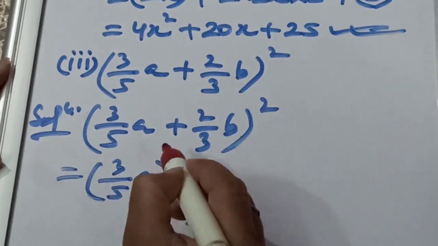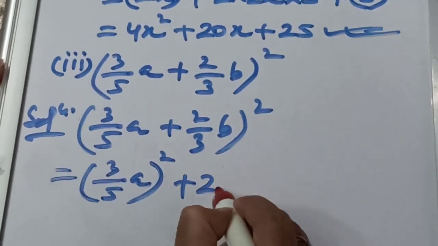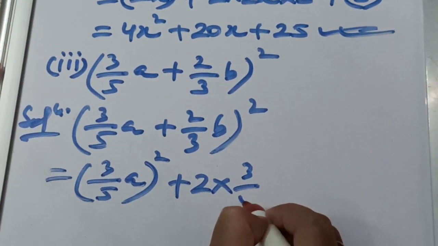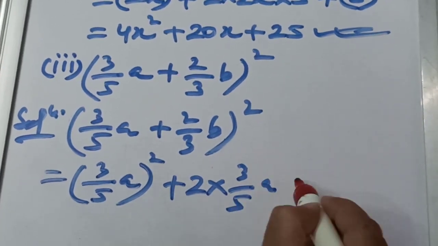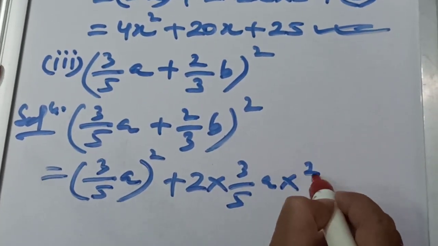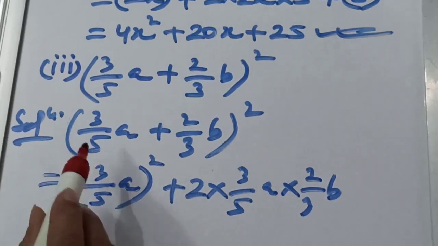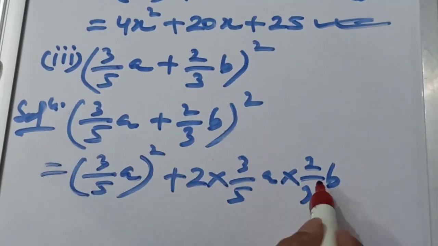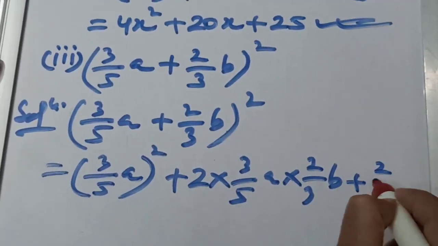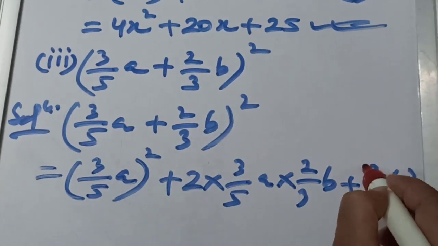So we write a square plus 2 into a into b, 2ab, plus b whole square.